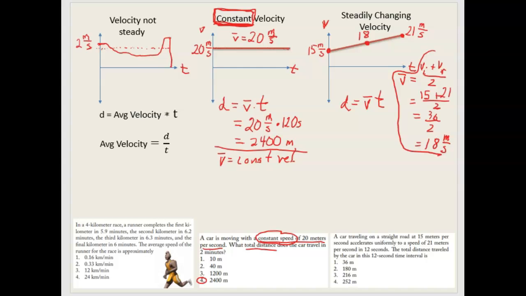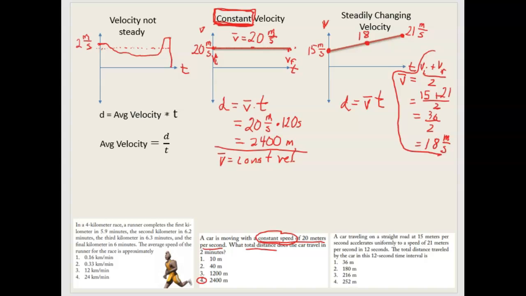It would also apply in this situation. We could consider this as our initial velocity, and this as our final velocity. Right? We'd say, well, what's right in the middle of 20 meters per second at the beginning and 20 meters per second at the end? Well, our midpoint velocity would be 20 meters per second. Or if you added them up and divided by 2, 20 plus 20 is 40, divided by 2 is 20, which would get us to 20.